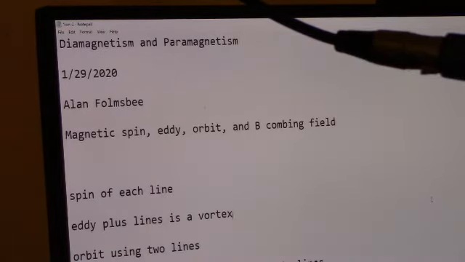Now, just to summarize and make a conclusion, to reiterate on diamagnetism and paramagnetism: the weak repulsion of diamagnetic materials is because the dimension I call magnetime is forming a loop in that molecule.